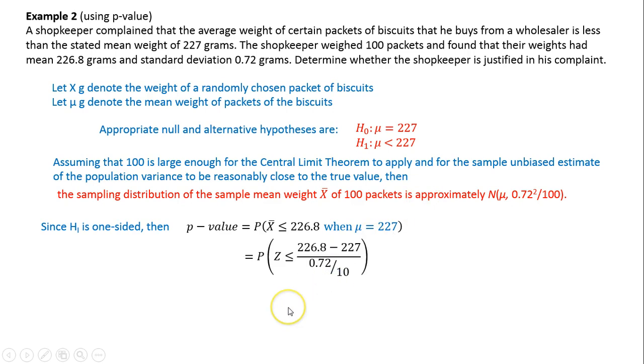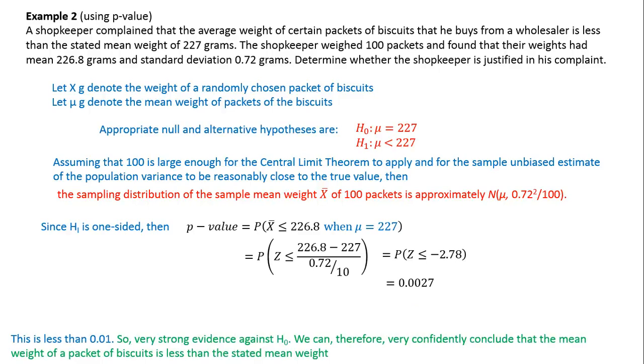So changing that to Z, 226.8 minus 227 divided by the square root of the variance, which is 0.72 over 10, giving us Z less than or equal to minus 2.78, and its probability is 0.0027. This is less than 1%, so very strong evidence against H0. We can therefore very confidently conclude that the mean weight of a packet of biscuits is less than the stated mean weight.